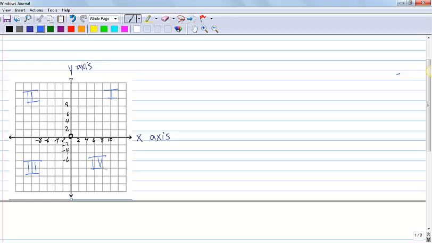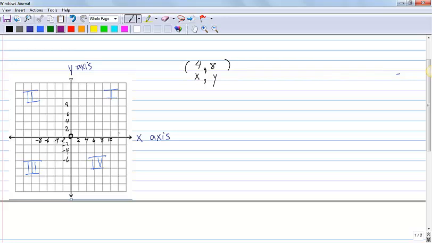Once you're feeling familiar with the basic setup of your quadrants, we can start labeling some points, or plotting some points. Now we talk about ordered pairs. So if I have an ordered pair, for example, of 4 and 8, we put them in brackets. The comma separates the x and the y plot.